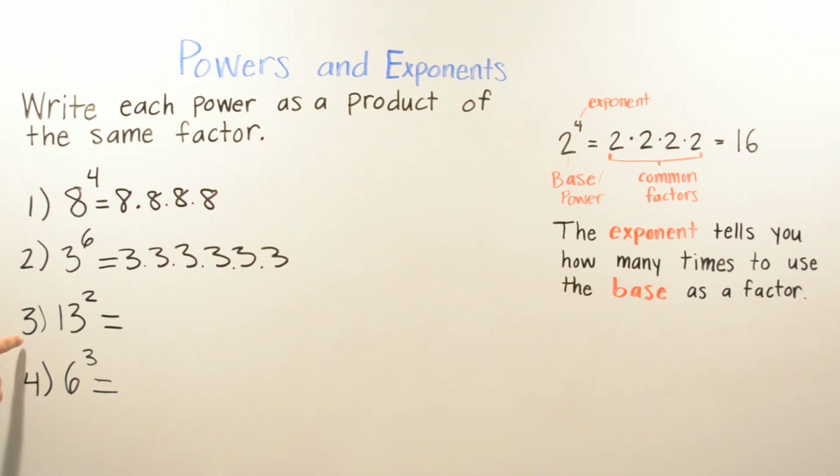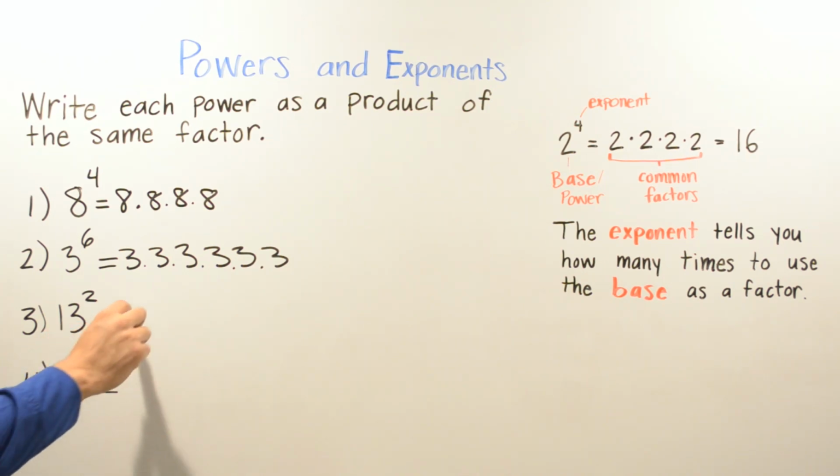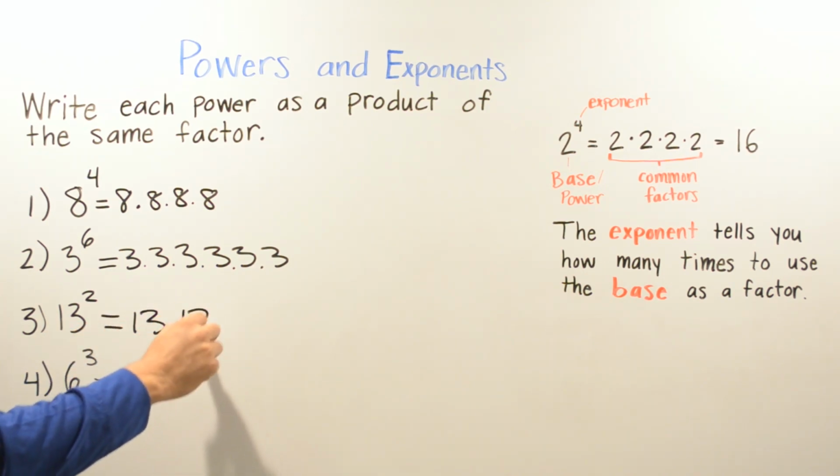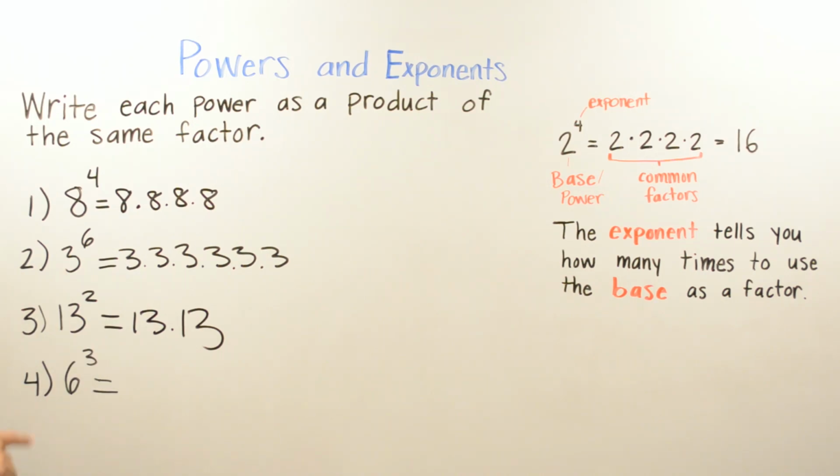Okay, so number 3 is 13 to the 2nd power, and you write 13 times 13. And then for the last example on this one is 6 to the 3rd, so we're just going to write 6, which is our base power, and we're going to write it 3 times. 6 times 6 times 6.